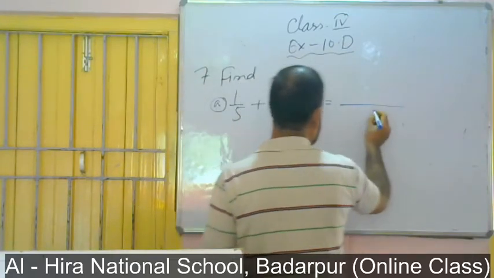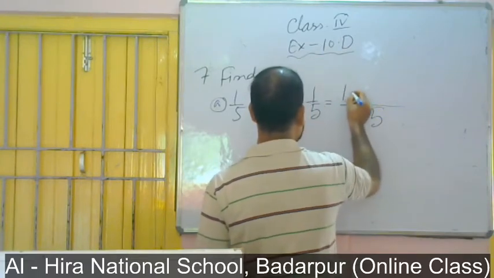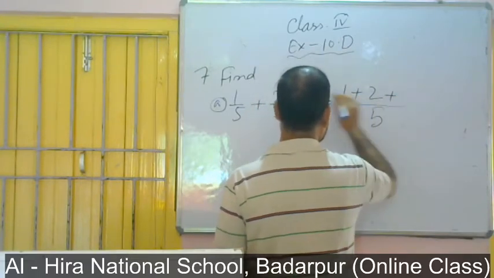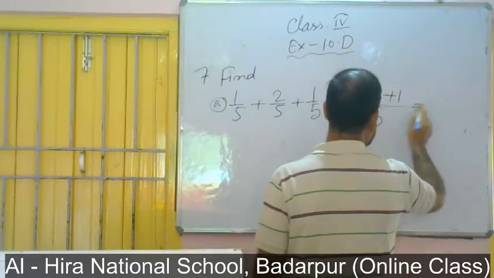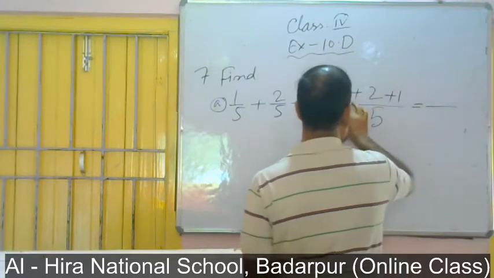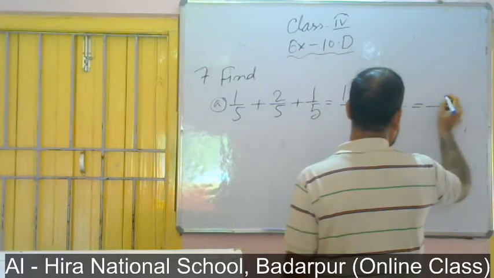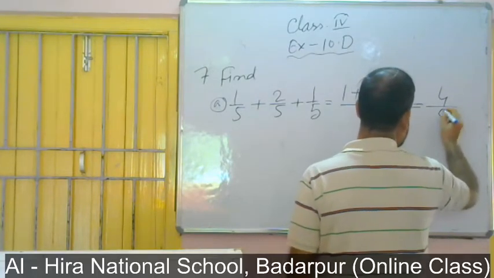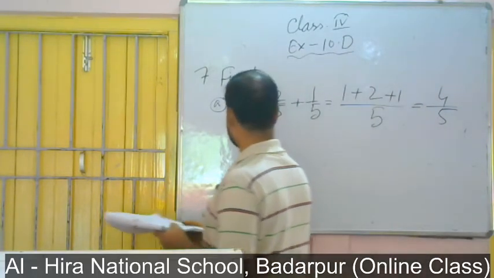We take 5 as the denominator and add the numerators: 1 plus 2 plus 1. 1 plus 2 is 3, plus 1 is 4, so 4 by 5. The answer is 4 by 5.